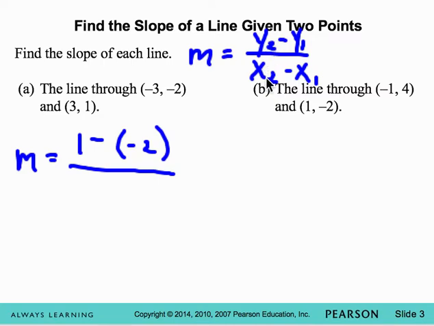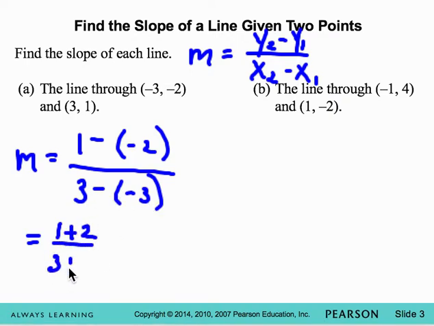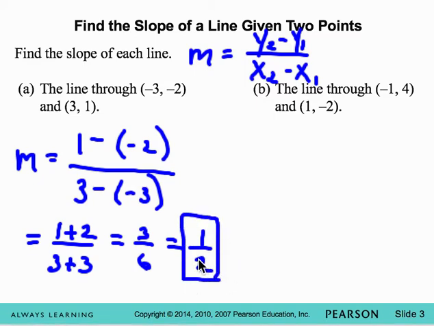This is what this ordering is telling us. So then that would be 3 minus 3. Okay, so this is 1 plus 2 and 3 plus 3, right? Or 3 over 6, which reduces to 1/2. Okay, the slope of the line that goes through those points is 1/2.